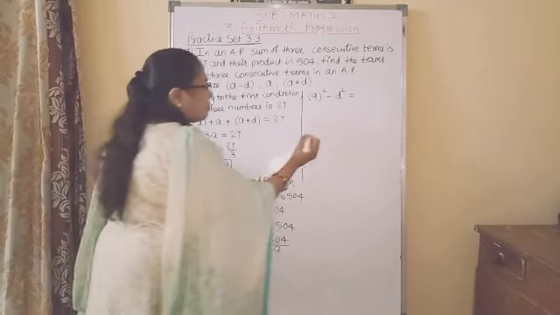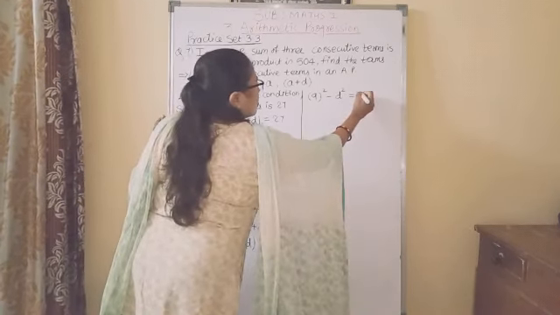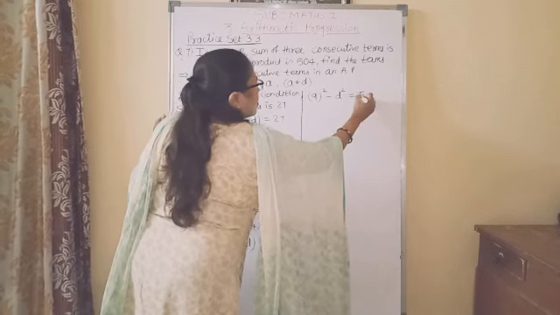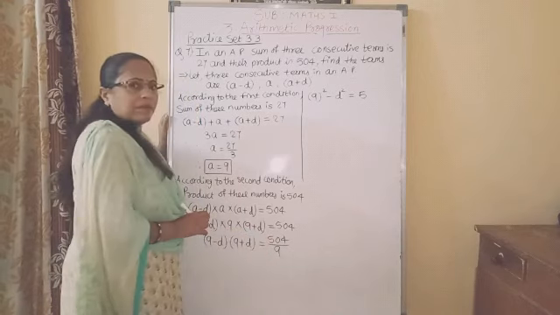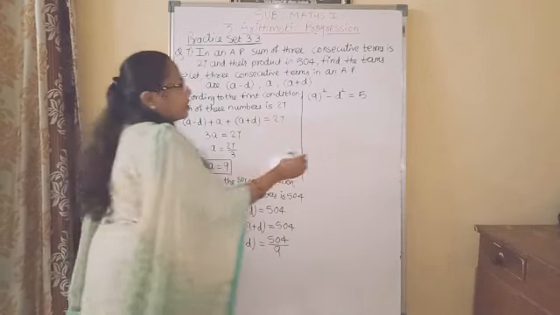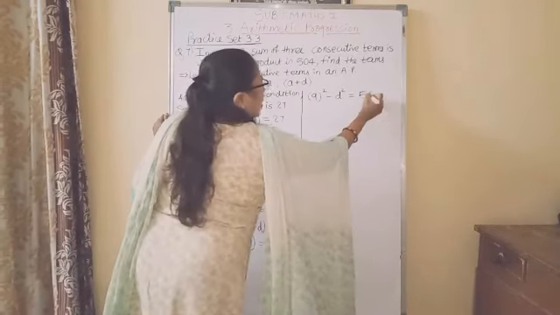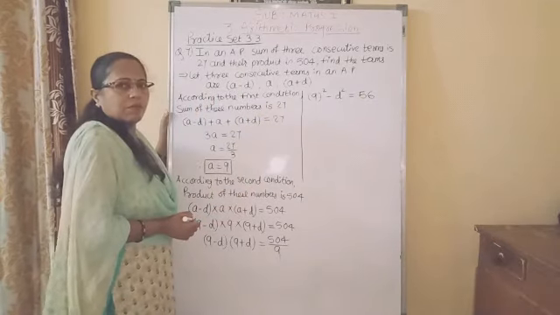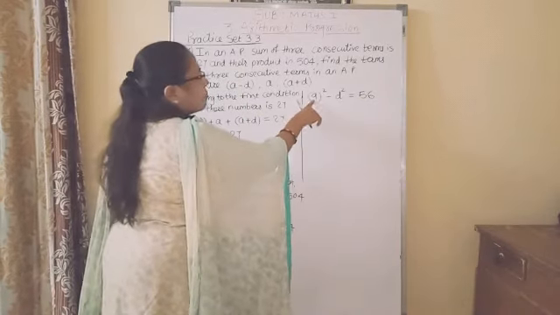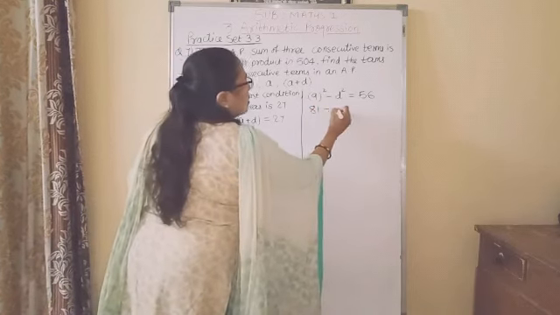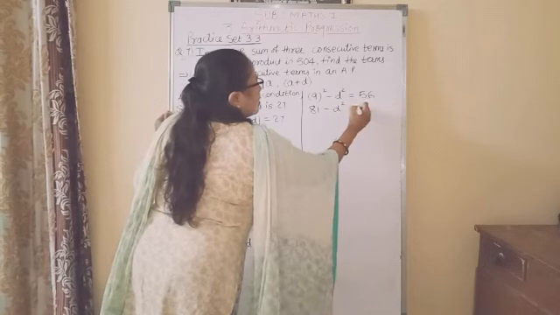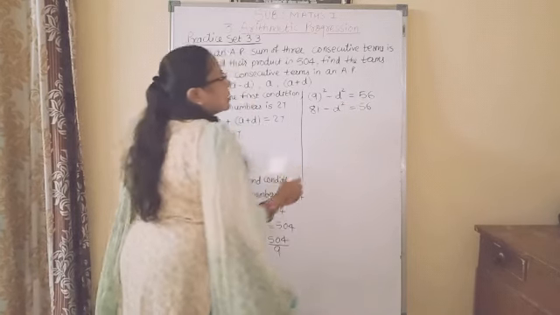First we get 9 5s are 45. Then 50 minus 45, 54. 9 6s are 54. Okay. Now we have to make the square of 9. 81 minus D square is equal to 56.